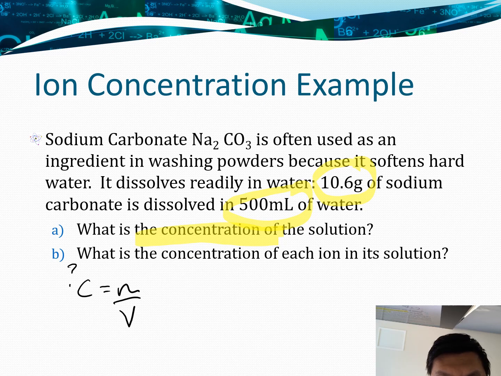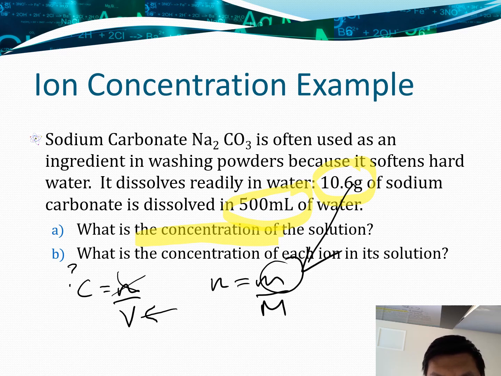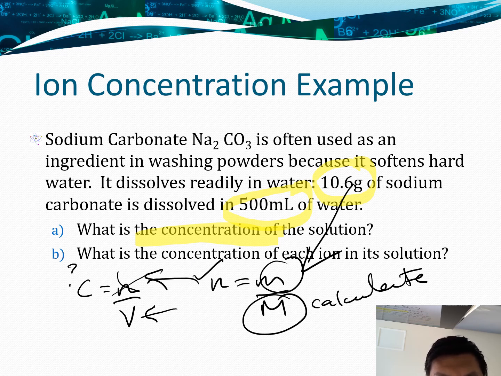I don't know that. Because I don't know the number of moles, I need to use this. And then I know this from here, and then I can calculate this. That will give me the number of moles, which I can use in the formula, and then I'll get my concentration.